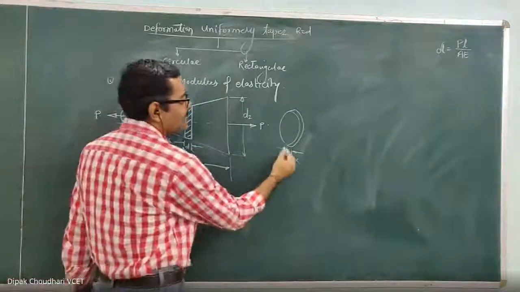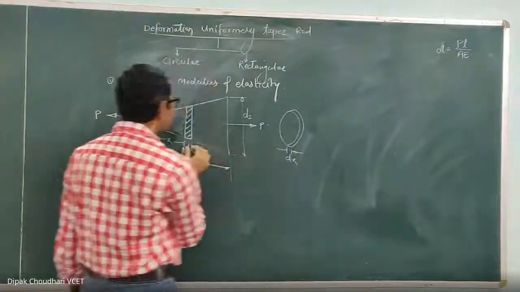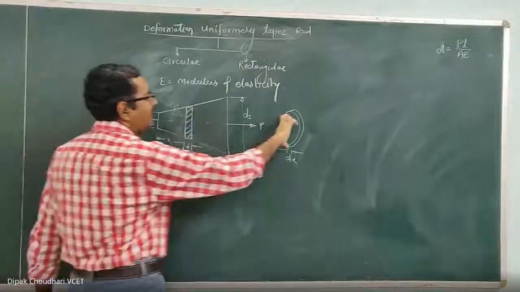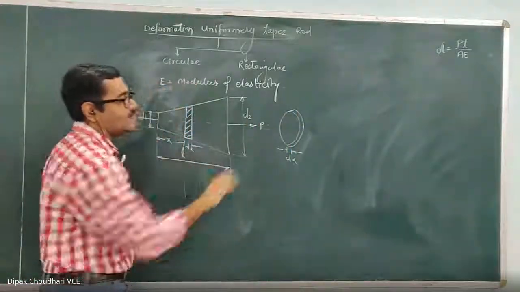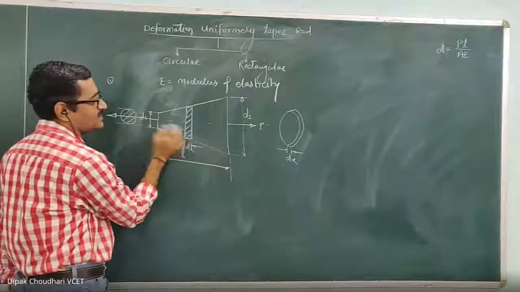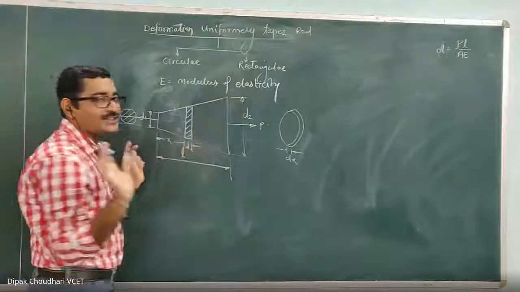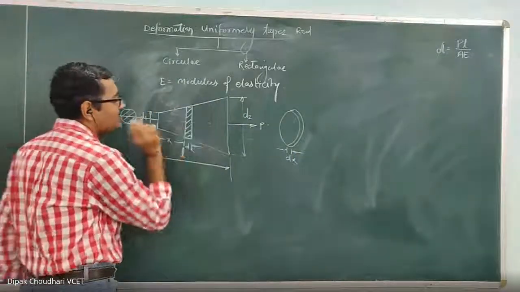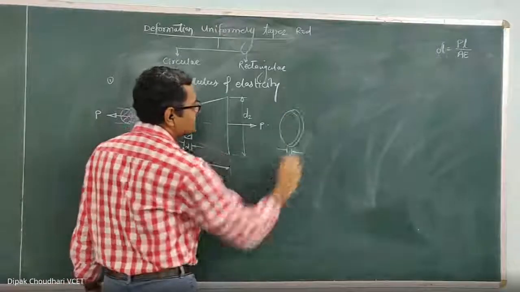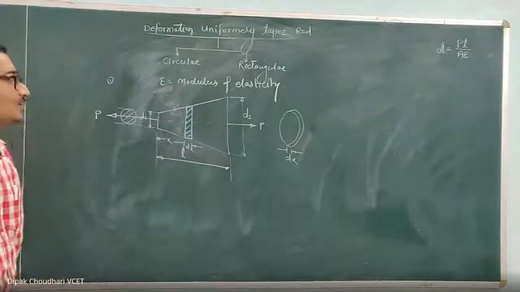For this much thickness, we can consider that the diameter and cross-sectional area are the same. Over the total length the cross-sectional area is different, but for a very, very small thickness it can be considered uniform.